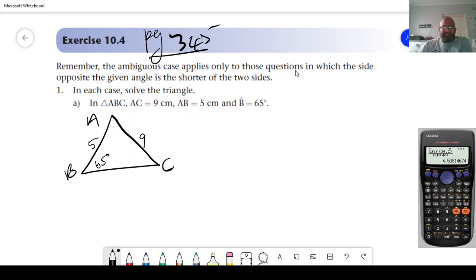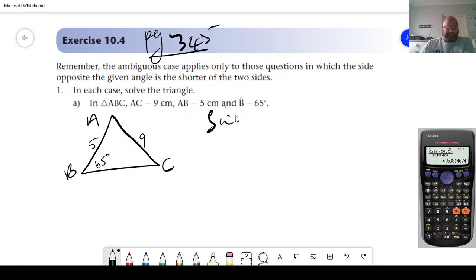But it says here the ambiguous case can only be applied when the side opposite the given angle is the shorter of the two sides. If you look here, that side is not the shortest side. So the ambiguous case is not going to be applied here. This is a straightforward one.